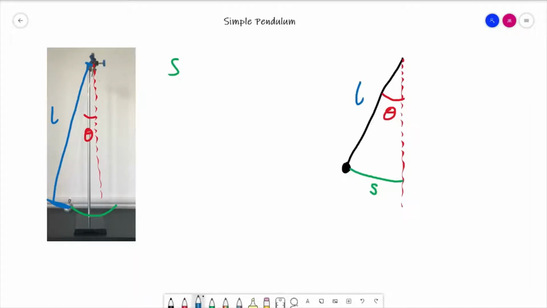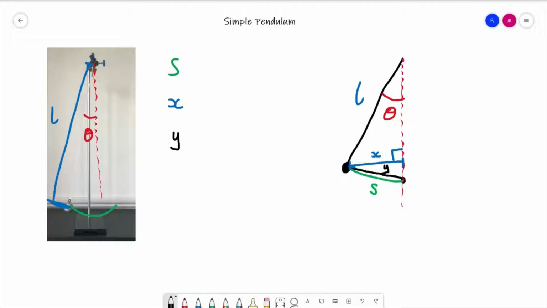The second way that we can do it is to take the horizontal distance, which I'm going to label there X, and that is horizontal because it makes a right angle to the red dotted line, which is vertical, so that's X. The third way that we can look at it is to take the distance in a straight line from the equilibrium position, which I'm going to label Y. So the equilibrium position would have been there.